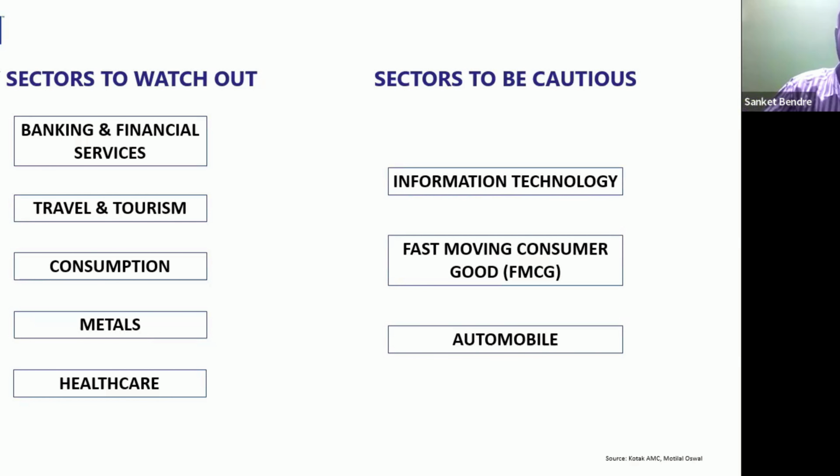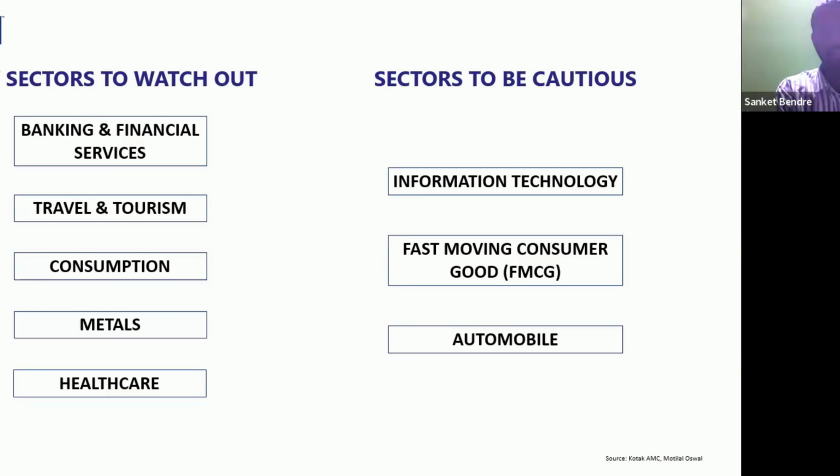So we are positive on banking and financial sectors in the upcoming few quarters and for the longer run. We are especially positive on the private banks, as most of the private banks are lowering their NPAs and improving liquidity.